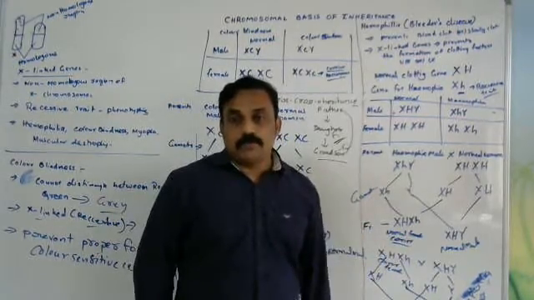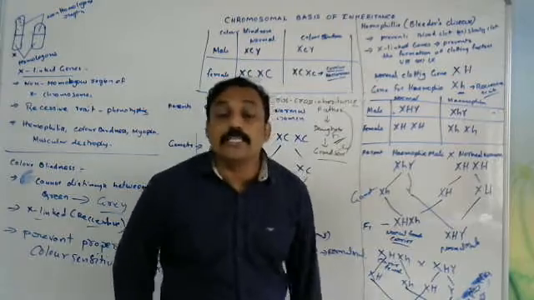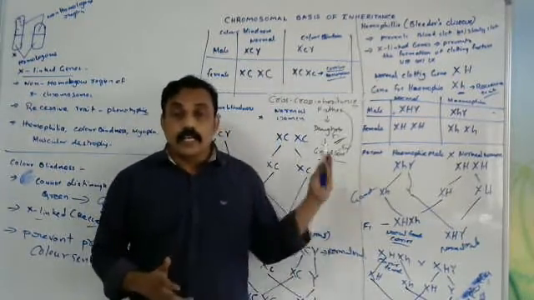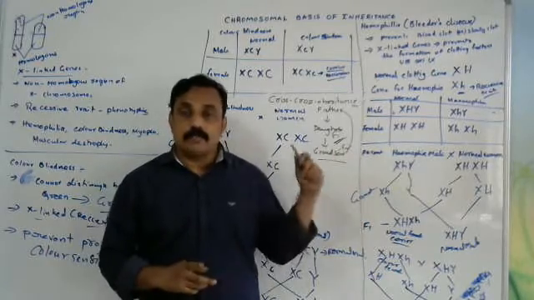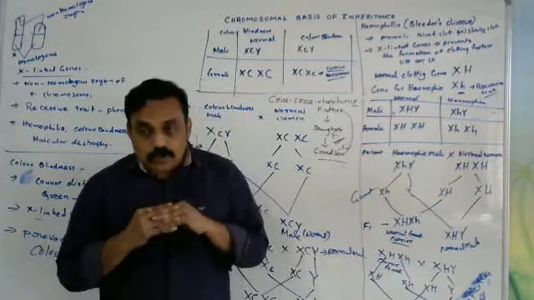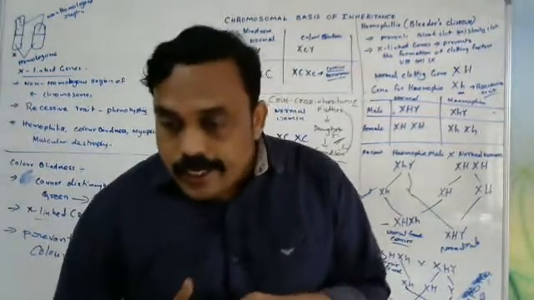Clear everyone? Hemophilia and color blindness are the examples of crisscross inheritance.